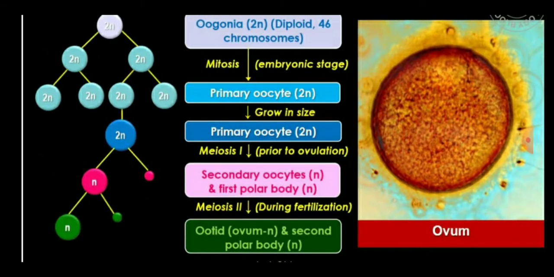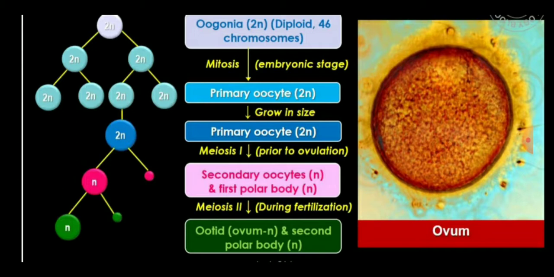So you can see here the division and how the ovum is formed. First, the oogonia are 2N cells. 2N means diploid cells. Diploid cells form the primary oocyte by mitosis. After that, the primary oocyte grows in size.